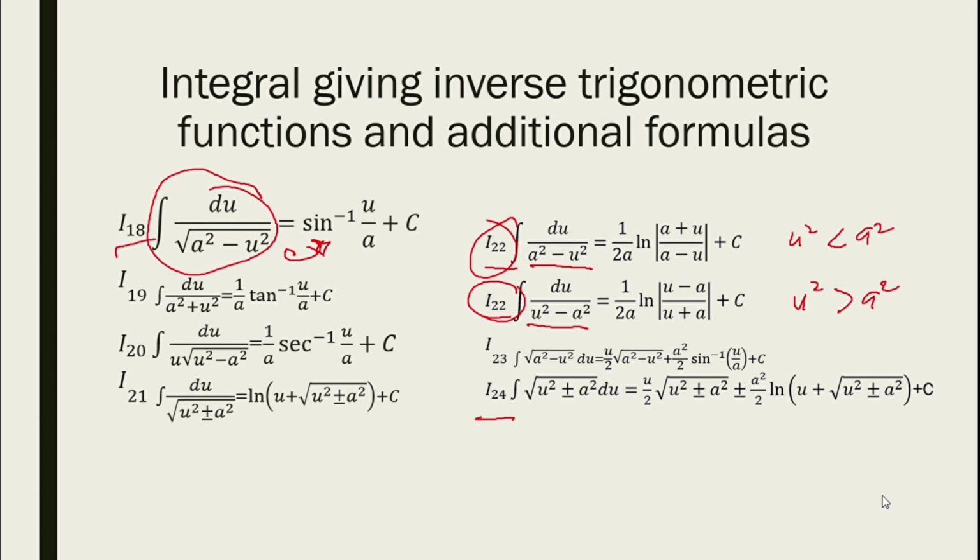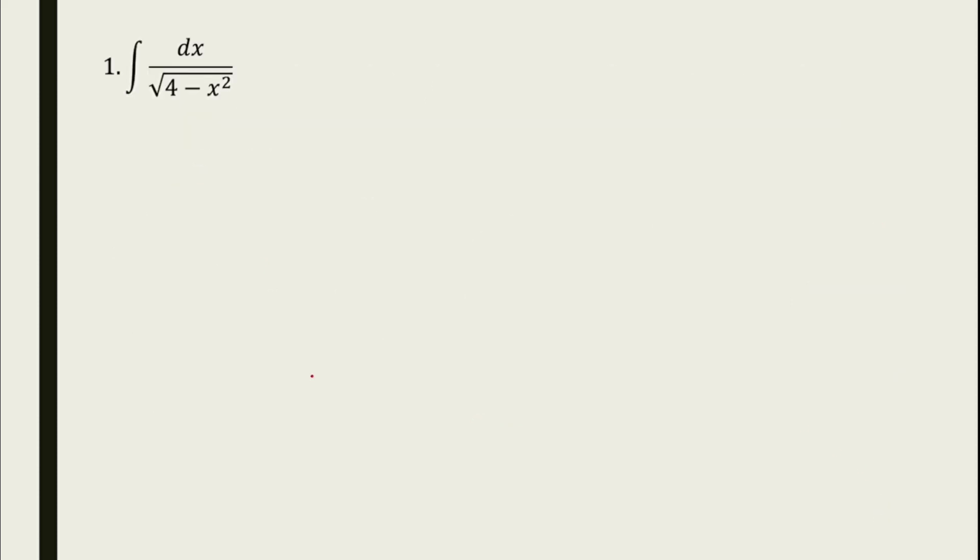So going on to number 1, integral of dx over the square root of 4 minus x squared. The first thing that we're going to do is look for the suitable formula or the perfect formula that we're going to use this time. So we have here the integral of dx over the square root of 4 minus x squared.